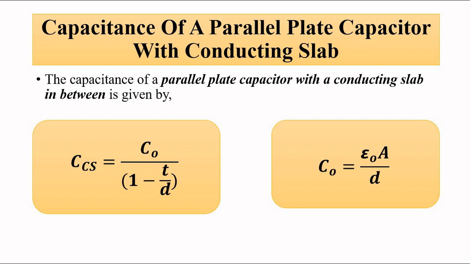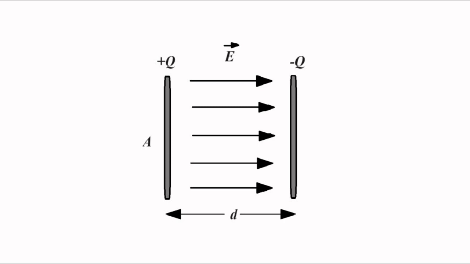We have discussed the simple parallel plate capacitor. So let us say we have a parallel plate capacitor arrangement with area A, separation gap d, with charge q of opposite polarity on the opposite plates, plus q and minus q.